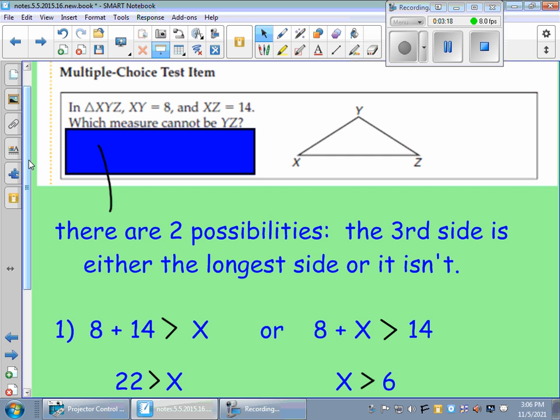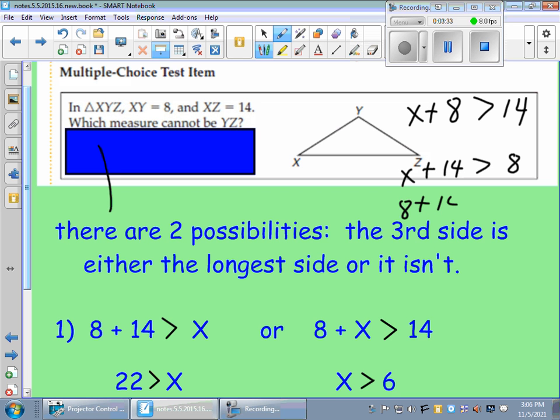So you have 8 and you have 14. x plus 8 has to be greater than 14. x plus 14 has to be greater than 8. And 8 plus 14 has to be greater than x. I set up these three inequalities and solve them.